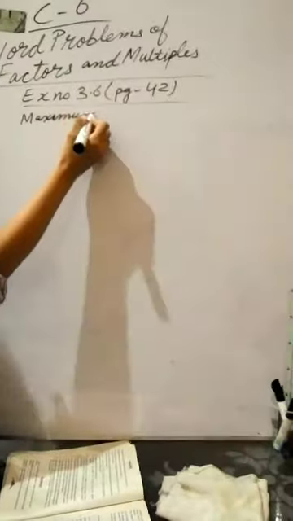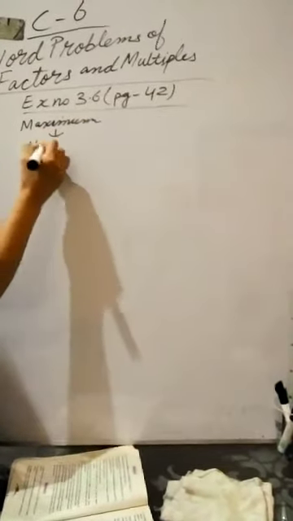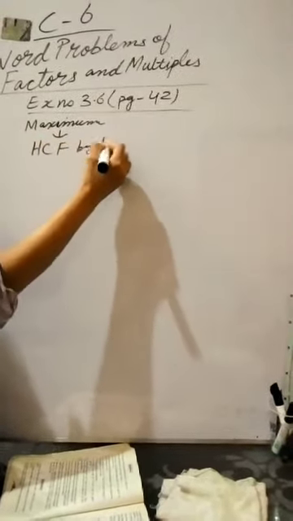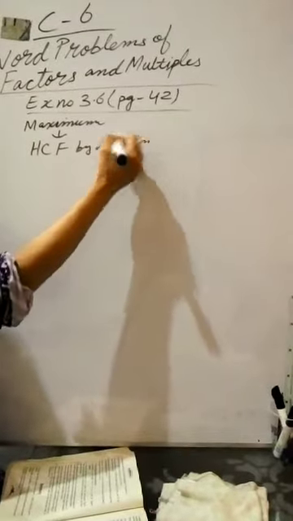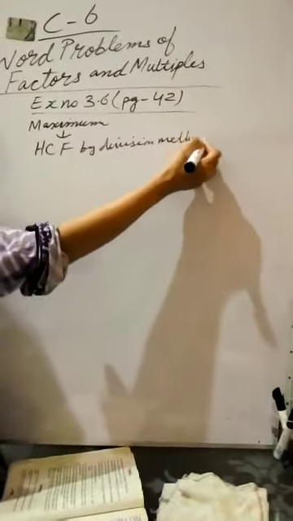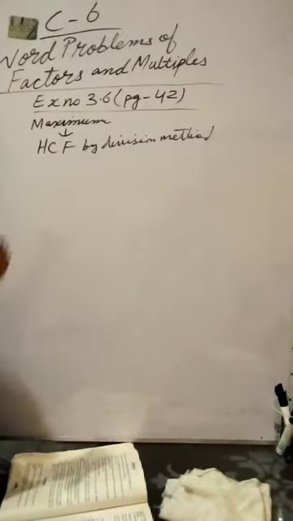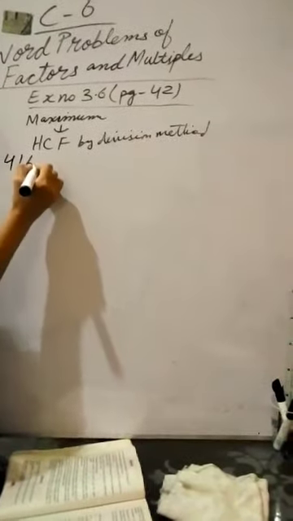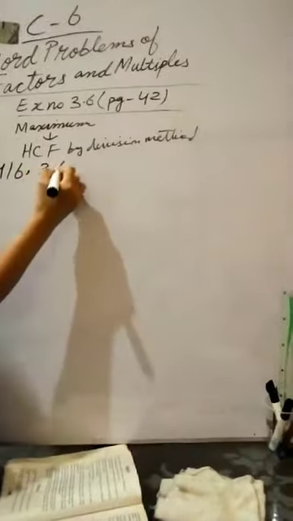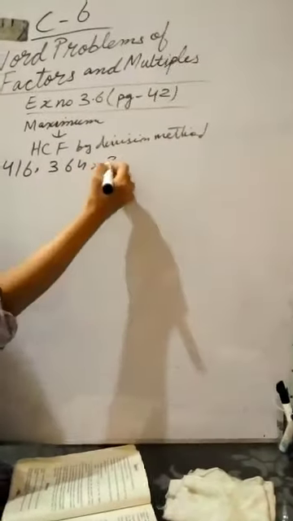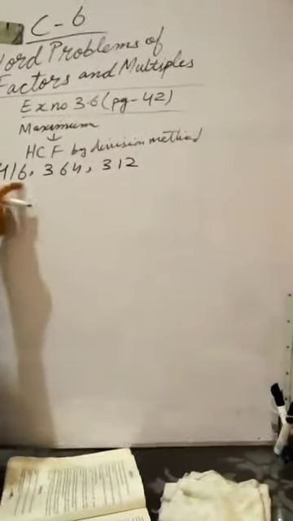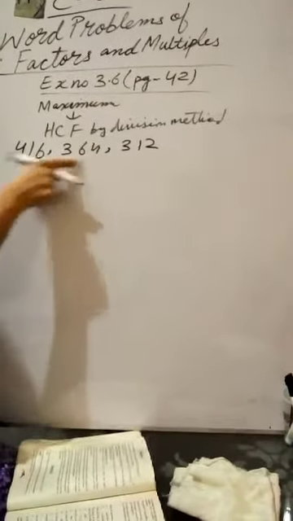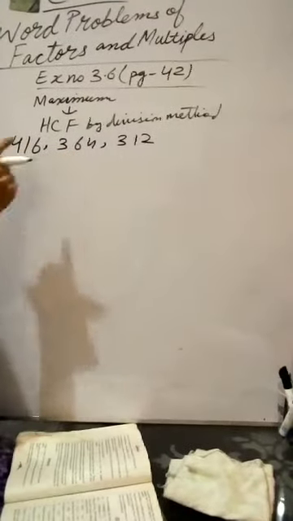Maximum means highest common factor by division method. So when we have the division method, the values are 416, then 364, and then 312. Always take the first two values.